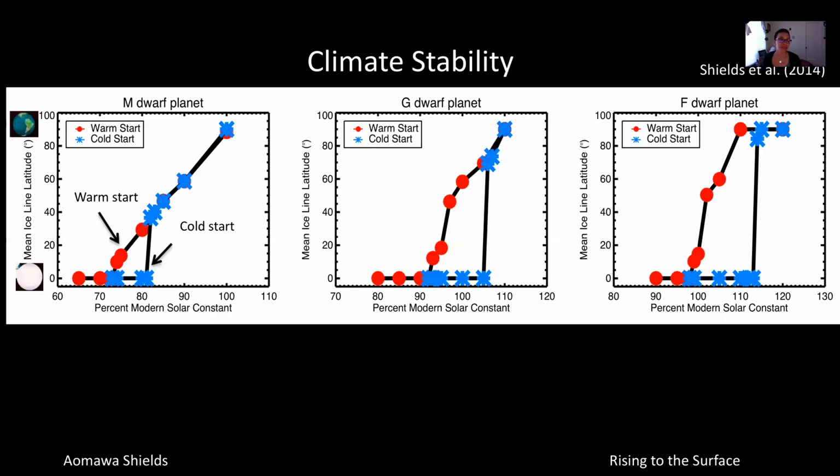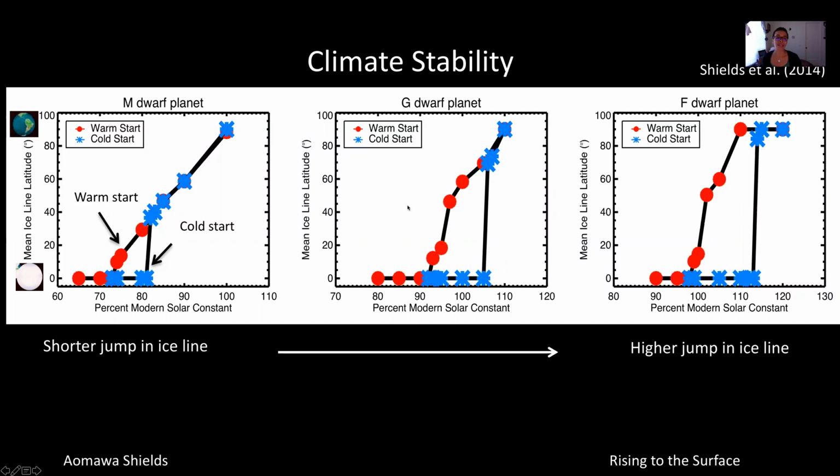So we've been able to identify that M-dwarf planets require larger decreases in insolation to freeze and smaller increases in insolation to thaw compared to planets orbiting G or F dwarf stars. We also identify that M-dwarf planets, when they do thaw, do so with a shorter jump in ice line latitude, whereas the hotter and brighter the star, the higher the jump in ice line. And an interesting thought experiment is which of these scenarios is better for life.